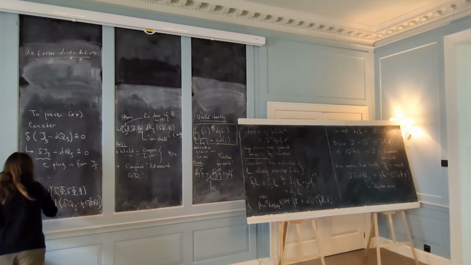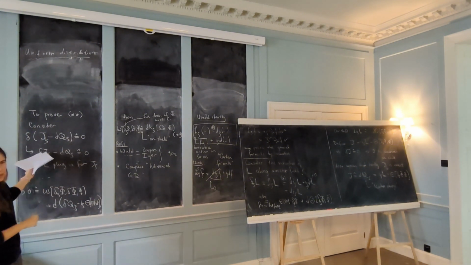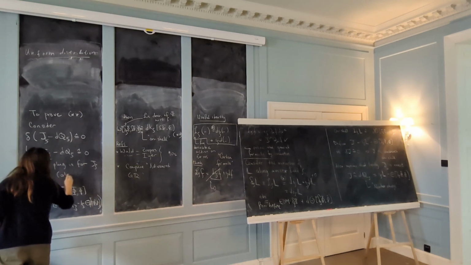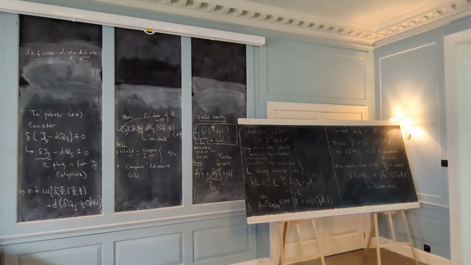And this has to be 0 on shell because we started off from this formula. So it's just some algebra in between. I'm happy to discuss if you're interested, and I'm going to post the lecture notes. You can also find this calculation very explicitly in these notes of Geoffrey Compère.